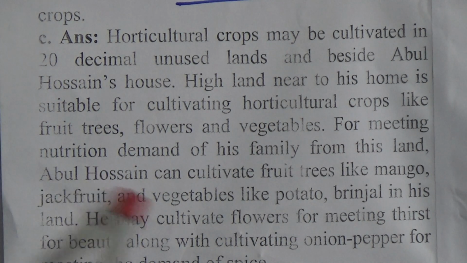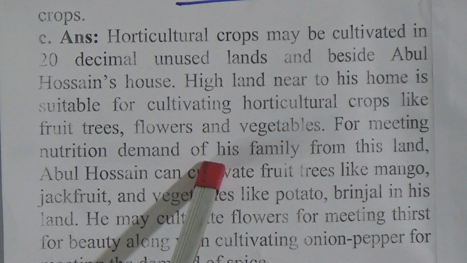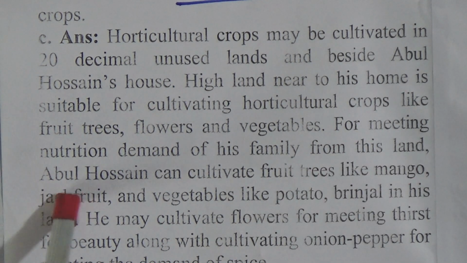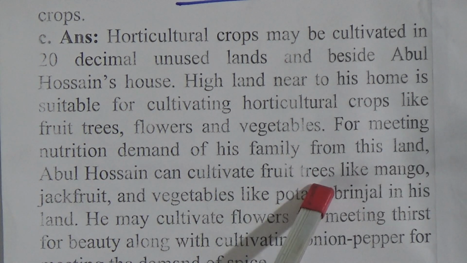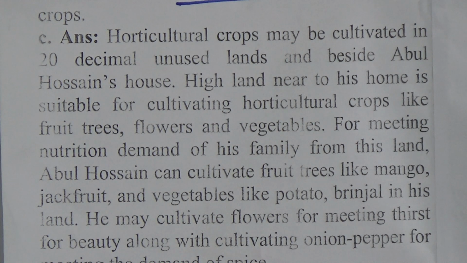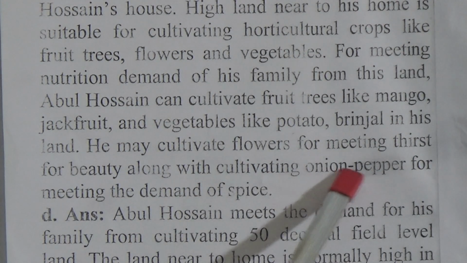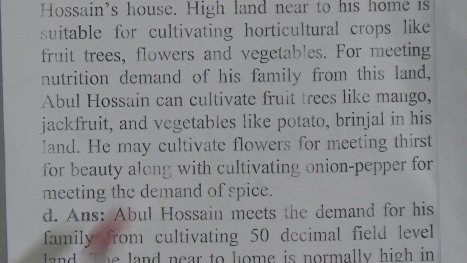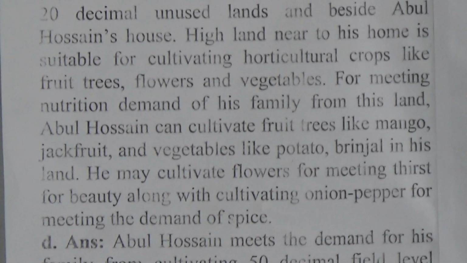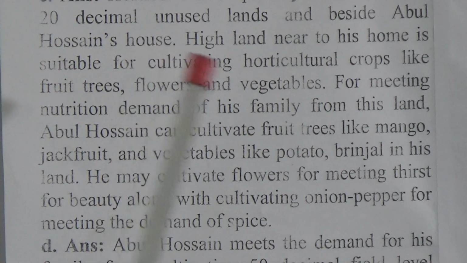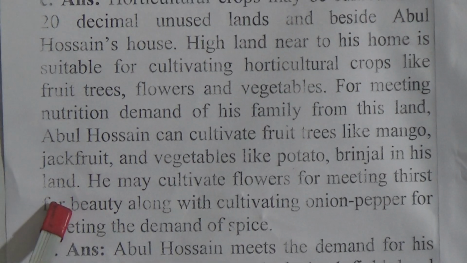For meeting nutrition demand of his family from his land, Abul Hussain can cultivate fruit trees like mango, jackfruit, vegetables like potato, brinjal in his land. He may cultivate flowers for meeting thirst for beauty along with cultivating onion, pepper for meeting the demand of spice. Okay. These are the steps.